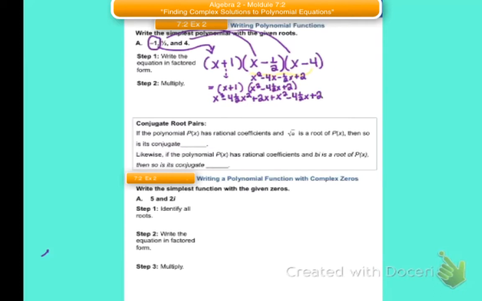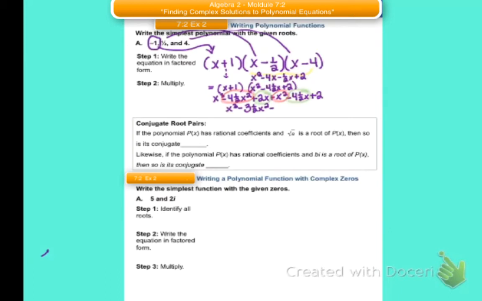Now combine like terms. We have no other x cubed terms, so I start off with my x cubed. Then for the x squared terms, I have the minus 4.5x squared and the plus 1x squared. Put those together, that gives me minus 3.5x squared. Then I'm looking for my x terms: I have a 2x and a minus 4.5x.